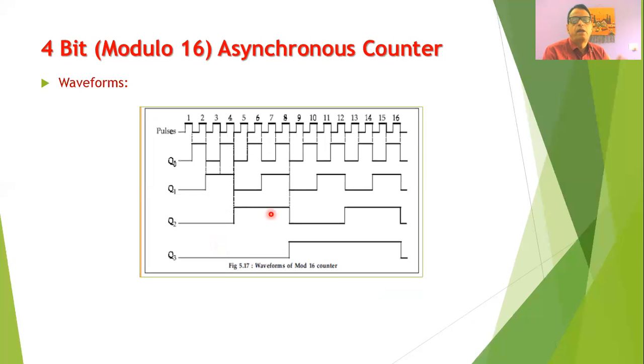In this way, after application of the 16th clock pulse, all the outputs are equal to 0. As I told you, when we apply 16 clock pulses, at Q0 we will get 8 clock pulses, at Q1 we will get 4 clock pulses, at Q2 we will get 2 clock pulses, and at Q3 we will get only 1 clock pulse.